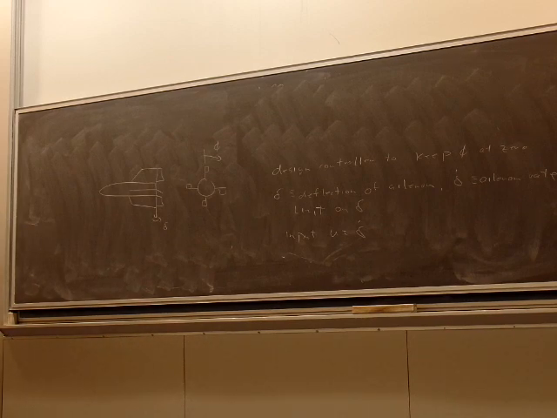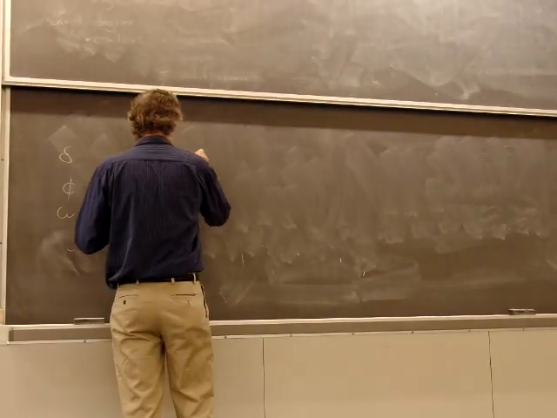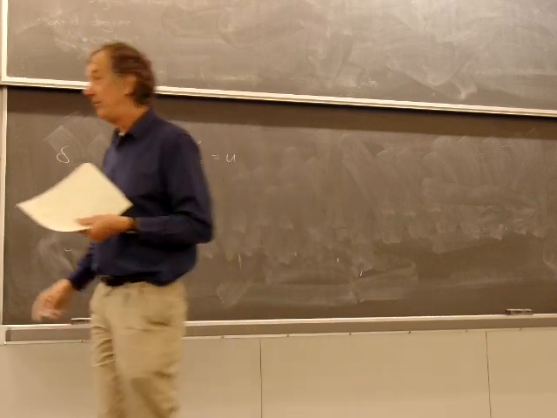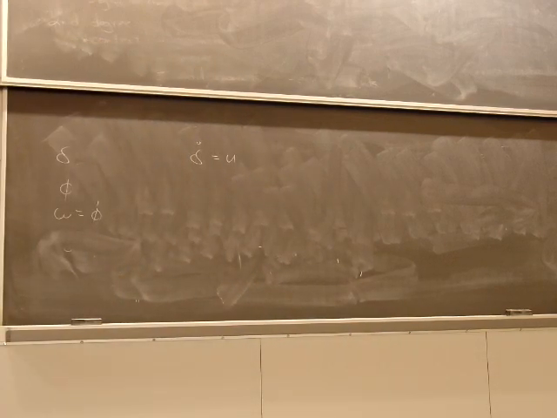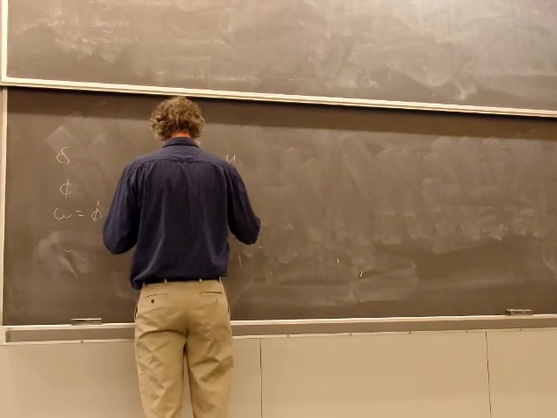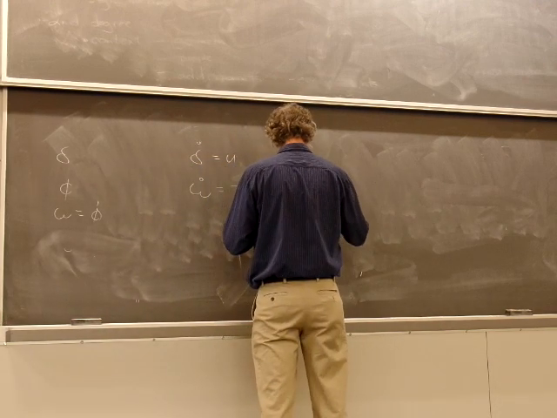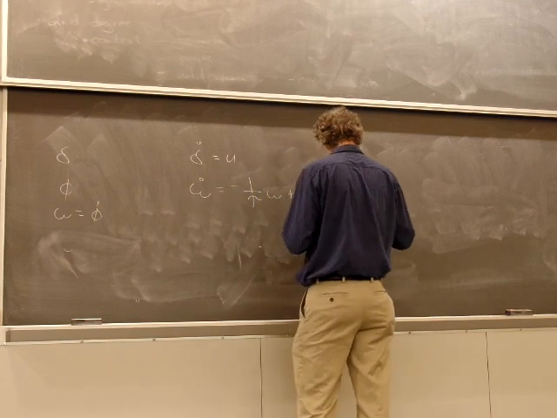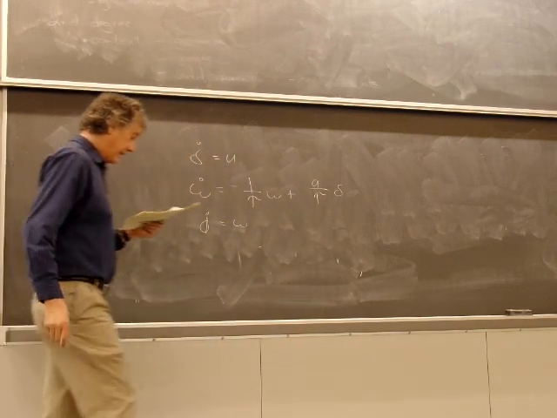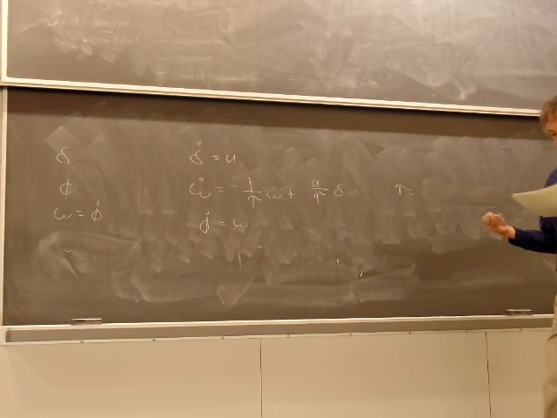All right, so let's get some differential equations here. Phi dot is u, the input, I mean a function of delta. That's the input for it. Omega dot, I'll write it in this form, where this tau includes the inertia, everything.